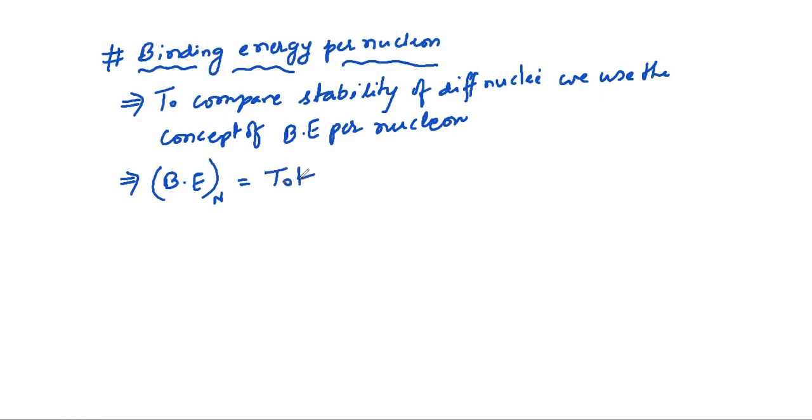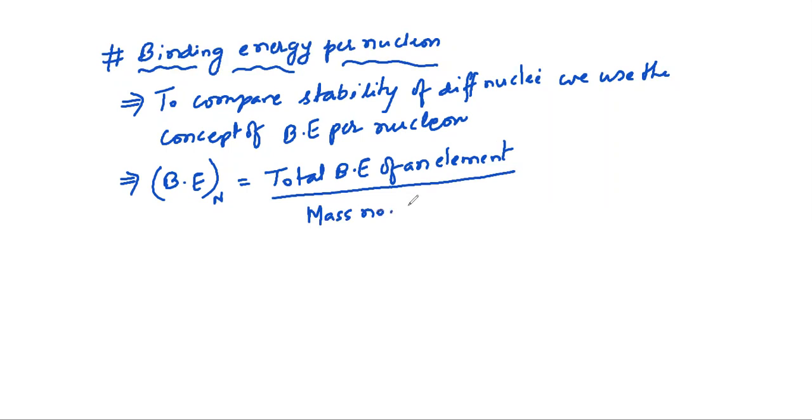The total binding energy, that is the total energy released during its formation, of an element X, any element, divided by the mass number of that element. A is the mass number, Z is the atomic number.